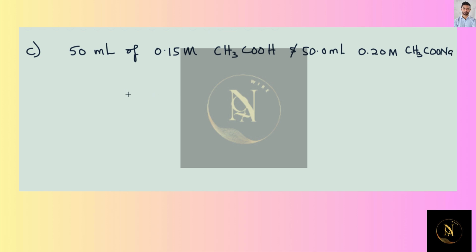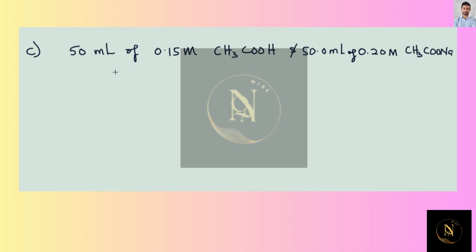To make life easier on us, we can just determine the number of moles that 50 ml of 0.15 molar acetic acid and 50 ml of 0.20 molar sodium acetate will be.